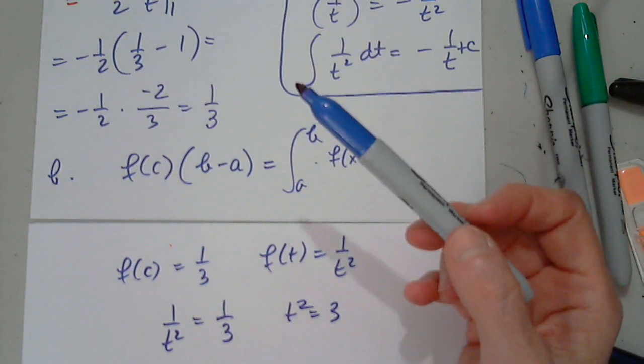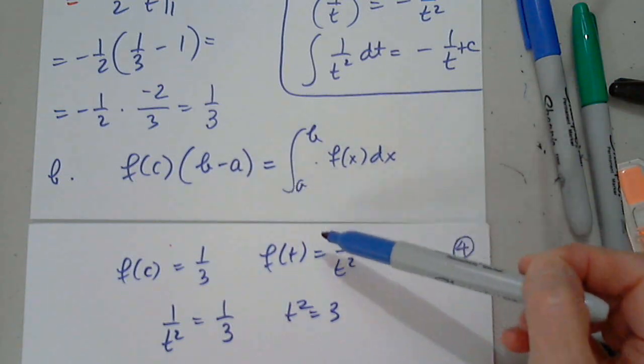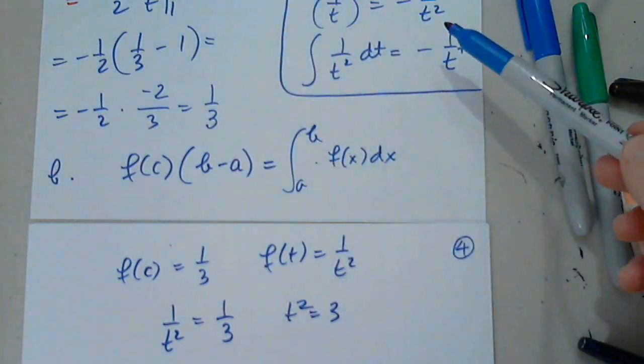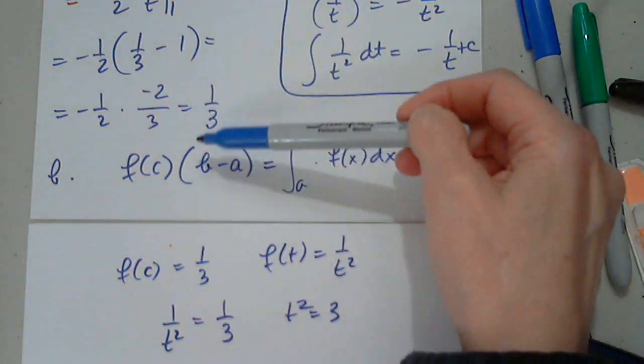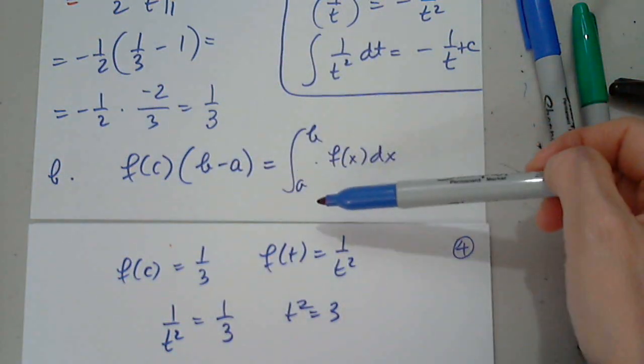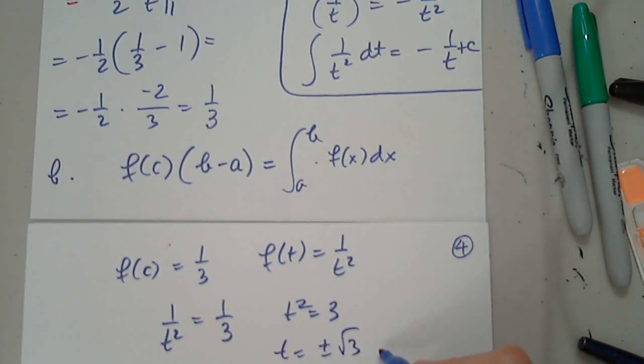I'm just checking my calculations for a moment. That was 1/3, so f of c equals that. Yes, okay. So then t equals plus or minus the square root of 3. And since we know the interval is 1, 3, we are only going to use c as being the square root of 3, which is approximately 1.73.